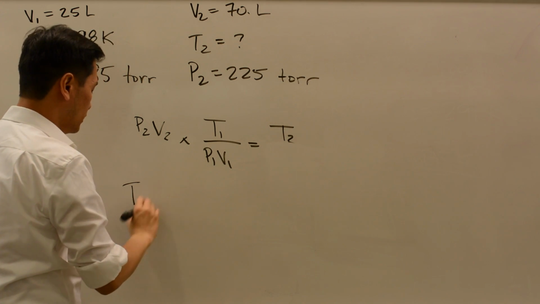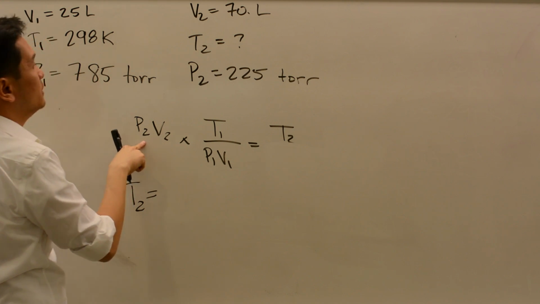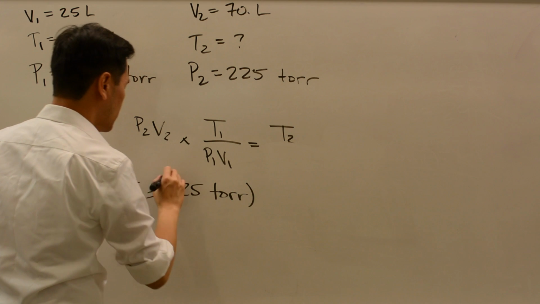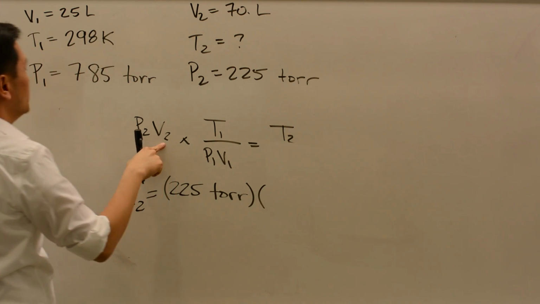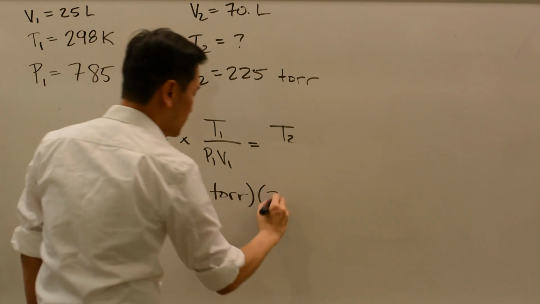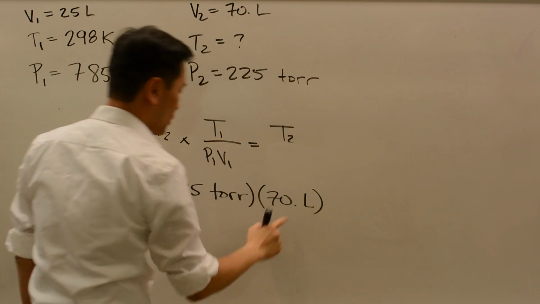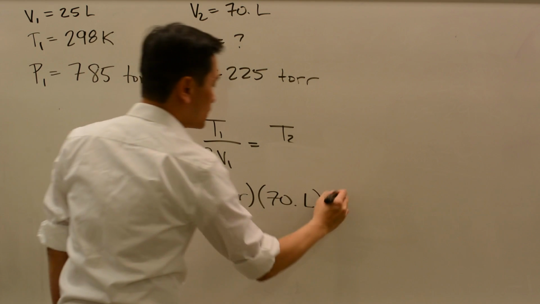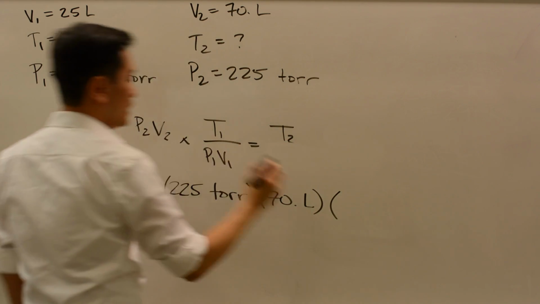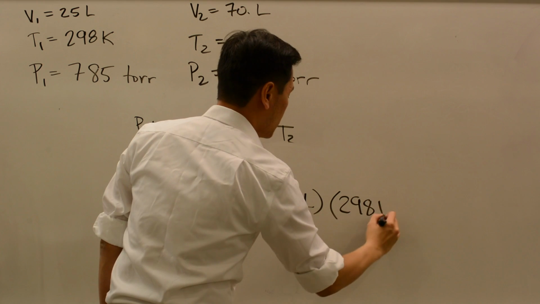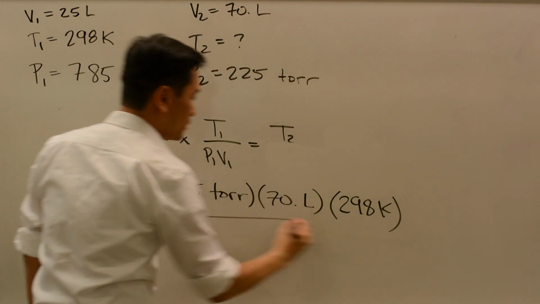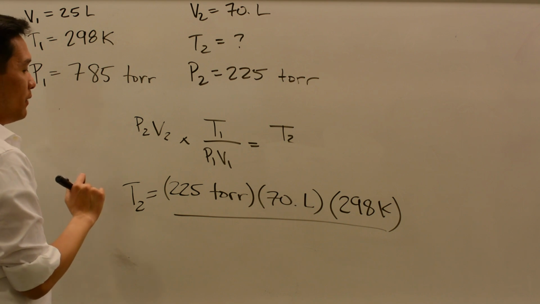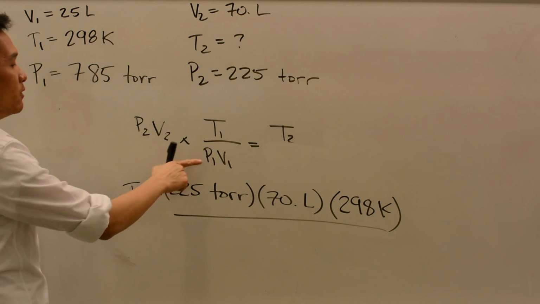Okay, so let's rewrite that. T2 then equals P2, which is 225 torr, times V2, which is 70. liters. Notice I put a point there to let me know that that zero is significant. Times T1, which is 298. I remind you to always keep your units in these equations so that you know you're going on the right path, because they can cancel out.